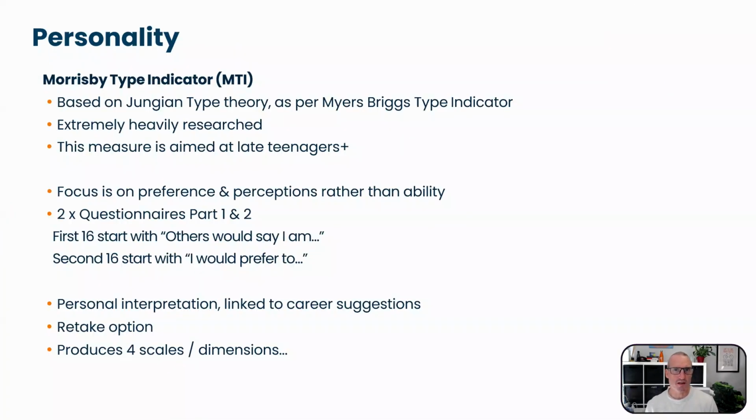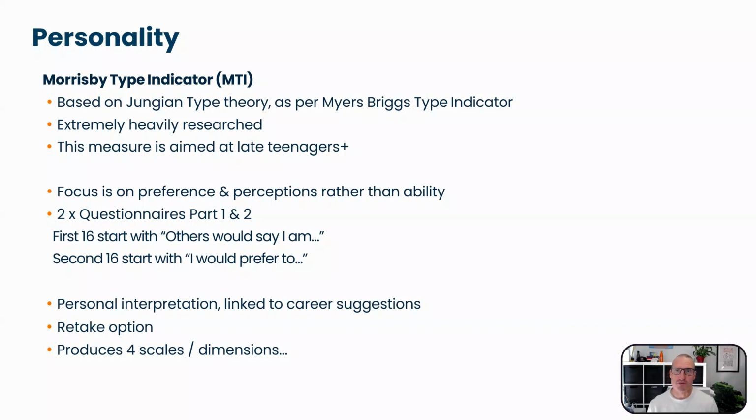The Morrisby Type Indicator is based on Jungian theory and is aimed at late teenagers and above. So it doesn't go into the depth of Myers-Briggs, but it does aim to look at the preferences and perceptions of an individual rather than their ability as it relates to the workplace. The questionnaire is split into 2 parts, with the first 16 starting with questions such as "others would say I am," and the second starting with "I would prefer to."